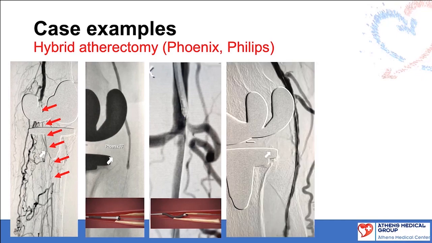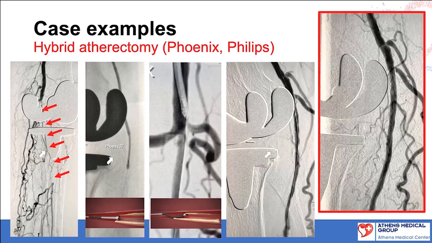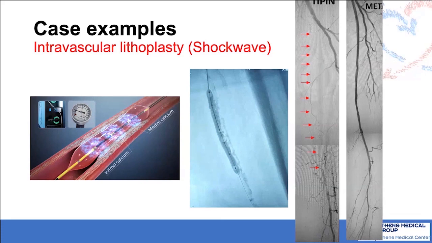This is the Phoenix device from Philips with a nice vessel preparation, and a nice result after angioplasty with a drug-coated balloon. Intravascular lithoplasty is available in our program. This is the Shockwave balloon, which uses pulses to break the calcium.